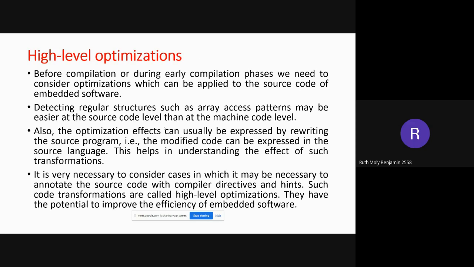So the programmer may be required to give the hints that are required in the source code, so that if someone else reads the code, he is able to understand whether it is right or wrong, or to give him help. Okay, so that is high level optimization.